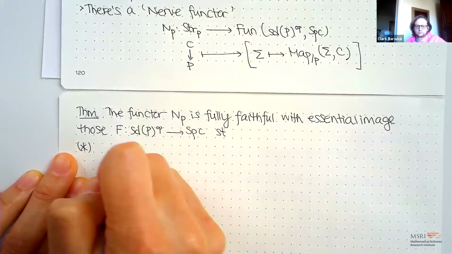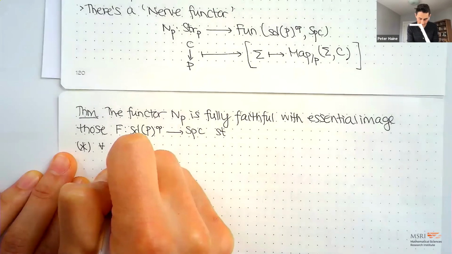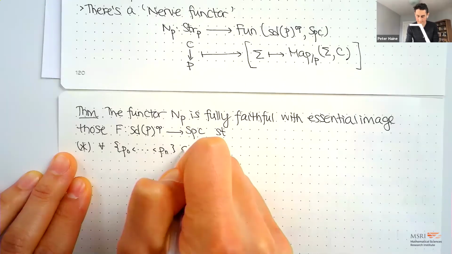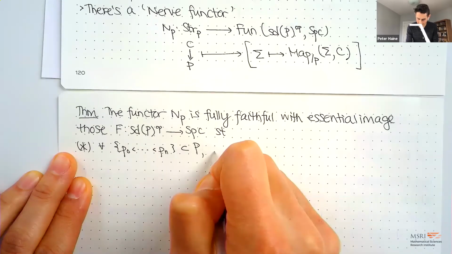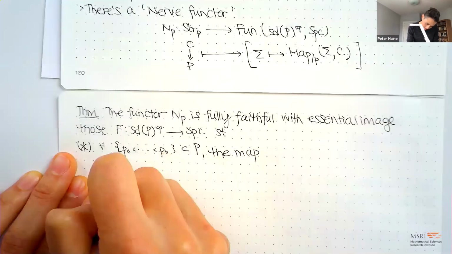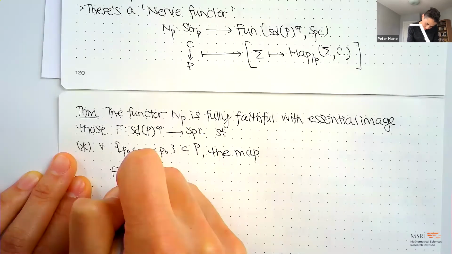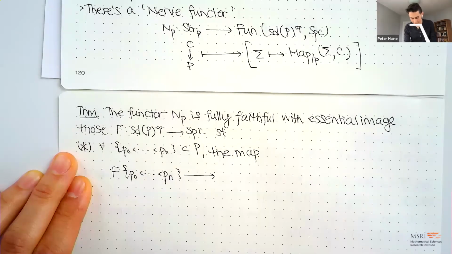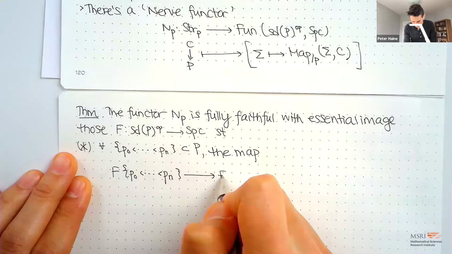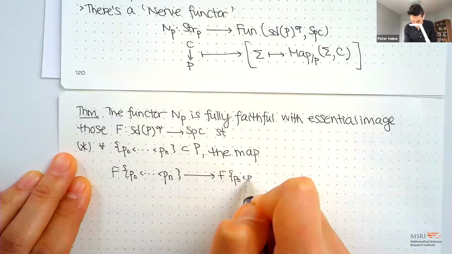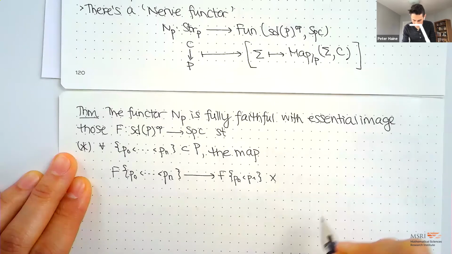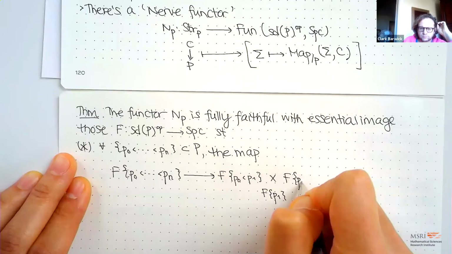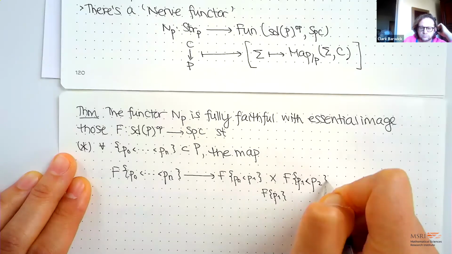For all linearly ordered finite subsets in P, I can take the value of F on this linearly ordered finite subset, and that has a map to the value of each of the consecutive pieces crossed over the next part, and so on.